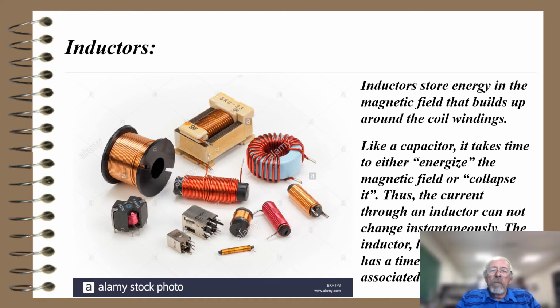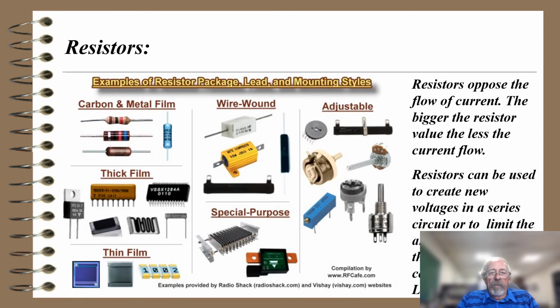Inductors store energy in the magnetic field that builds up around the coil windings. Like a capacitor, it takes time to either energize the magnetic field or collapse it. Thus, the current through an inductor cannot change instantaneously. The inductor, like the capacitor, has a time constant, it's called, associated with its operation. And we'll get to that later on.